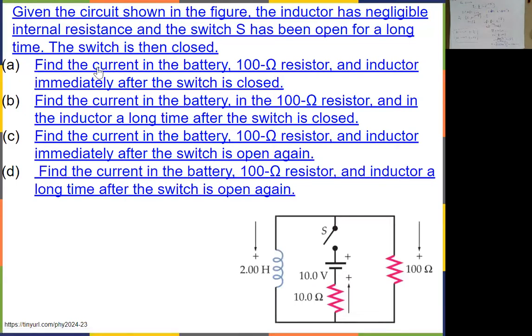So it says find the current in the battery, the 100 ohm resistor and the inductor immediately after the switch is closed. If the switch is closed, then we have the inductor and resistor in parallel to each other, because they are both powered by the battery.